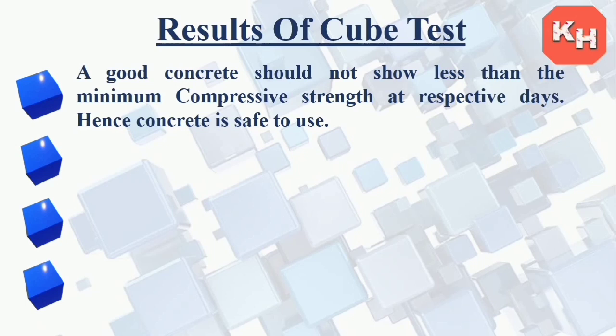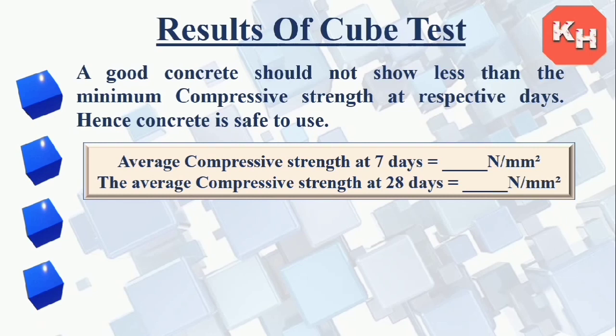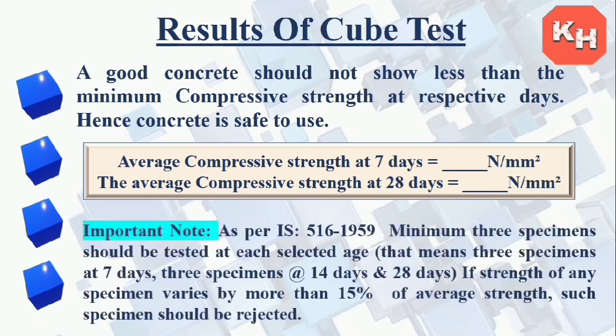A good concrete should not show less than the minimum compressive strength at the respective days. Hence, concrete is safe to use. Now, average compressive strength at 7 days and 28 days is calculated in newton per millimeter square. Important note.